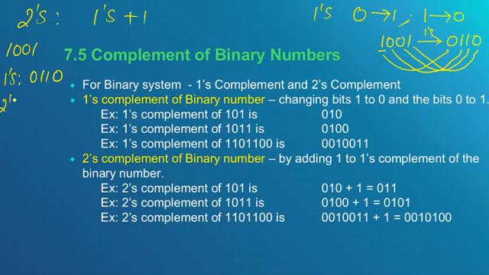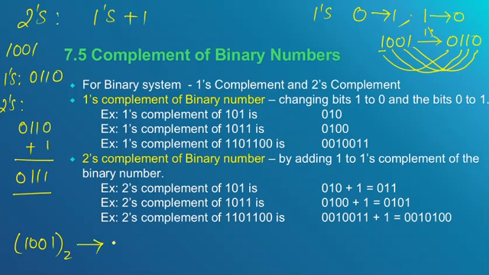Then the 2's complement is, for 0110, you just add 1, and you get 0111. So for the binary number 1001, the 1's complement is 0110 and the 2's complement is 0111. What I did here is just add 1 to the 1's complement of the number.